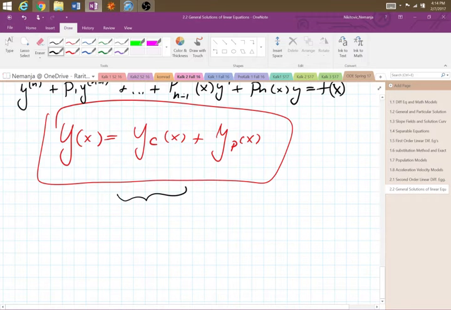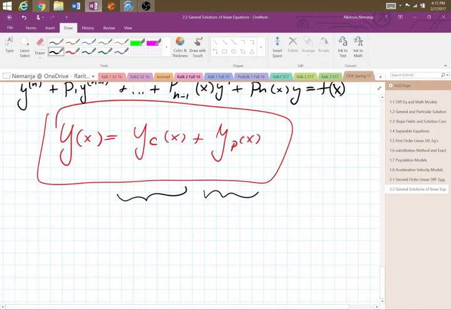So this part here is called a complementary solution, and that one comes from you completely ignoring the driving function, solving the differential equation as if it was equal to 0, homogeneous, and that's what you get. Now, depending on how the equation looks, that part might have 2, 3, 15 terms. Then you jump to the second part, and you work out the particular solution.